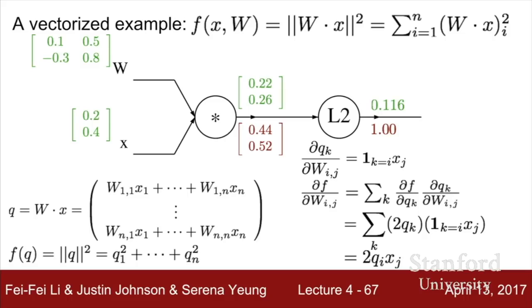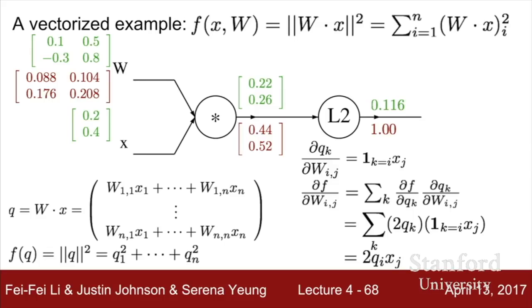Right, and then now if we want to find the gradient of f with respect to each wij, looking at these derivatives now, we can use this chain rule that we talked about earlier, where we basically compound df over dqk for each element of q with dqk over wij for each element of wij, right? So we find the effect of each element of w on each element of q and sum this across all q. And so if you write this out, this is going to give this expression of 2 times qi times xj.